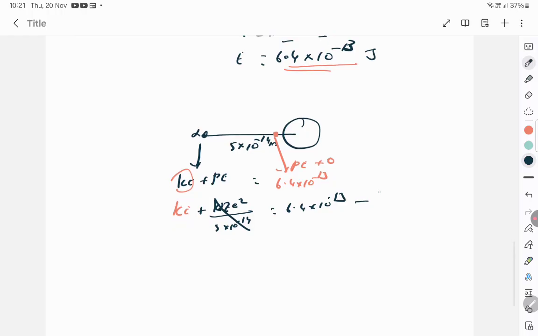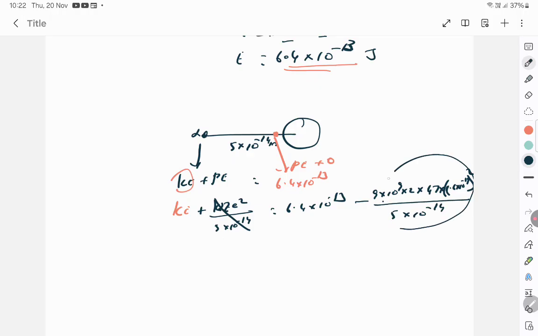You have to calculate it and take it to the other side. So K is 9 × 10^9 into 2 into Z, here silver, 47, into 1.6 × 10^-19 the whole square, divided by 5 × 10^-14. Calculate this value and subtract it to get the kinetic energy.